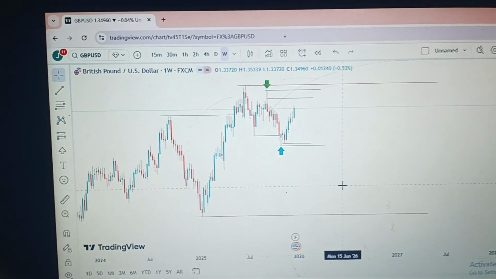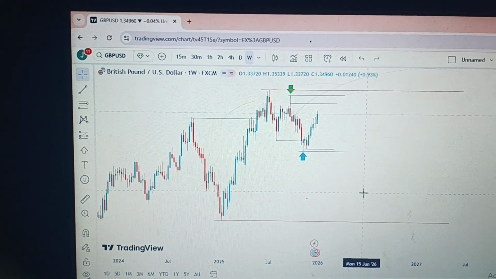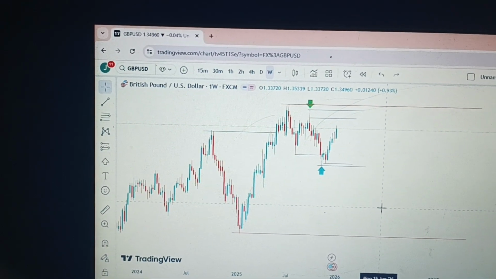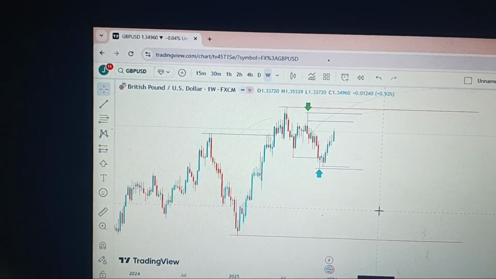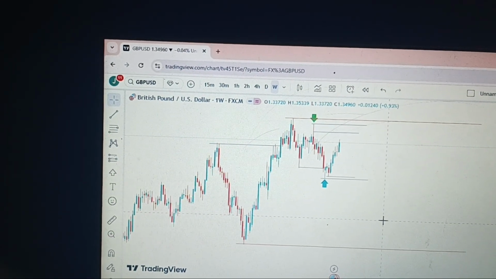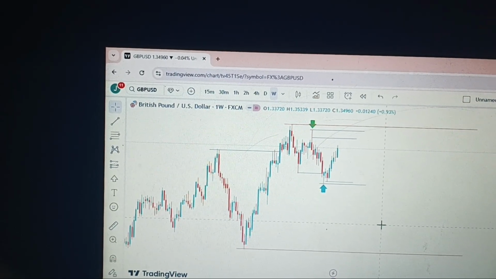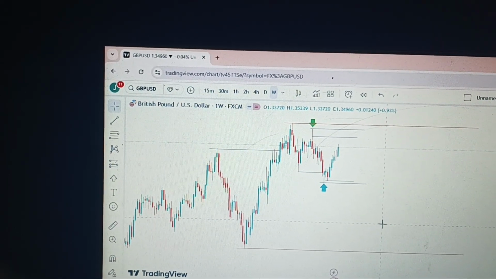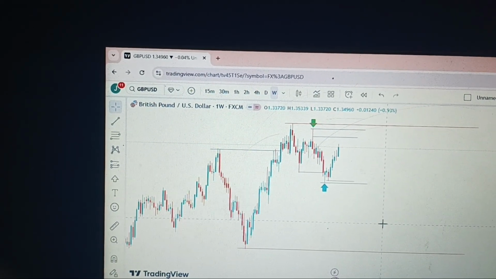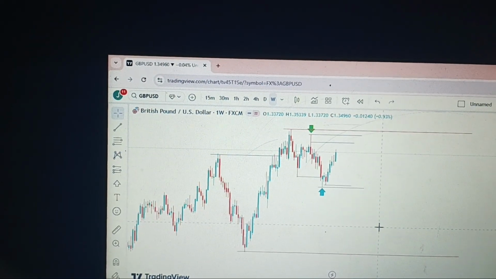Now our focus here is we are not going to place trade from the weekly time frame. We want to know the overall direction the market is moving, and also pinpoint the level we are taking trade from, putting some criteria into consideration.